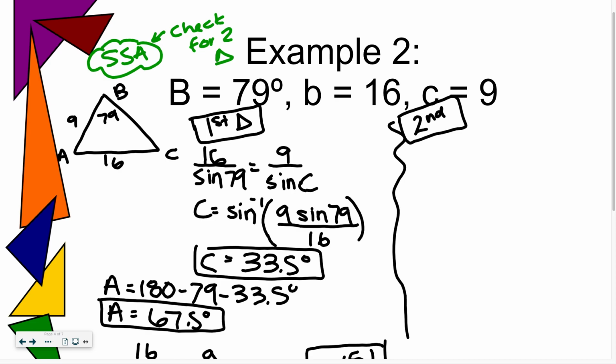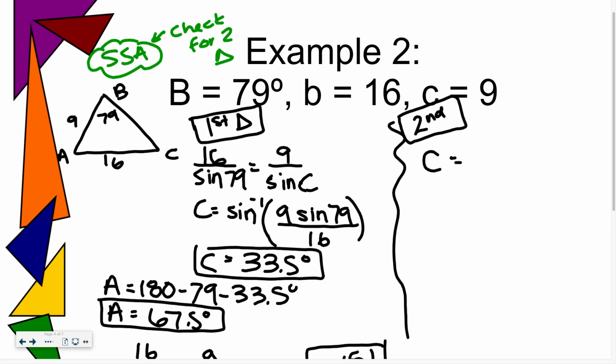And what am I going to solve for first in my second triangle? Angle C, because that's really the only thing I can solve for with the given information. But we're going to use what for C? The obtuse angle. So we're going to say, what if it was not 33.5?